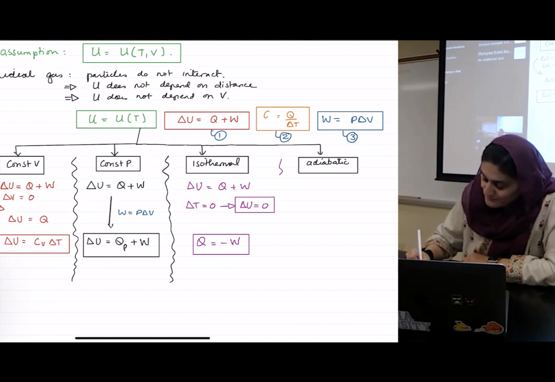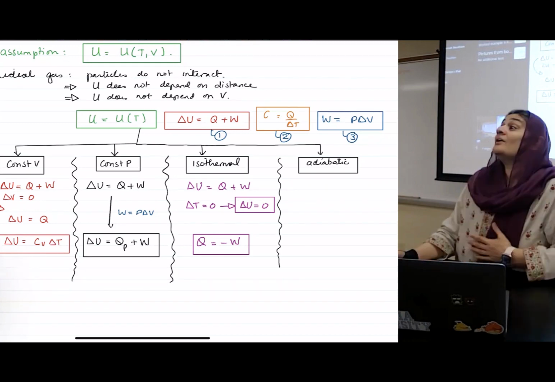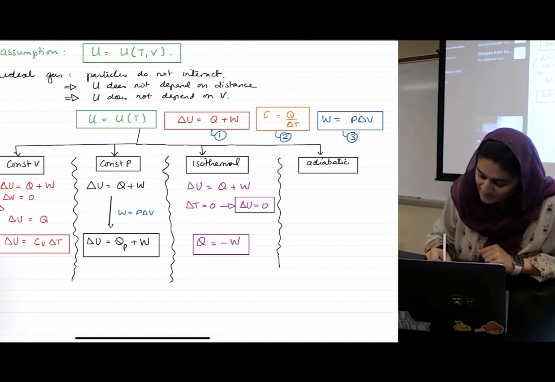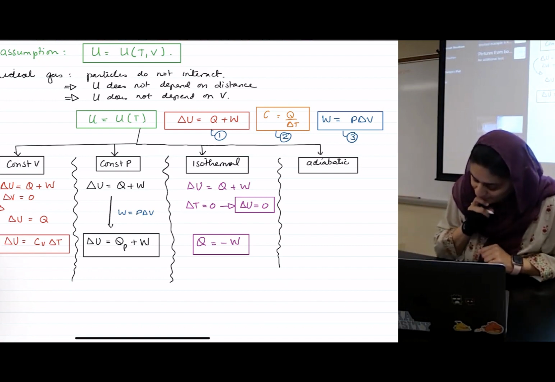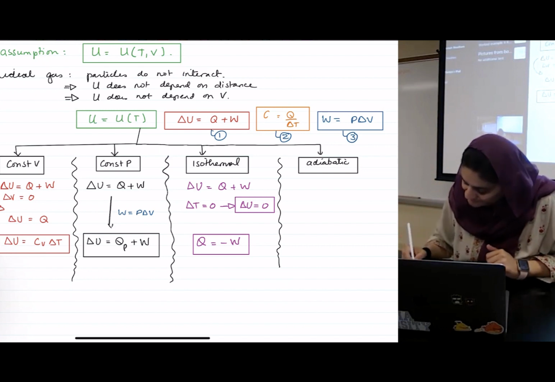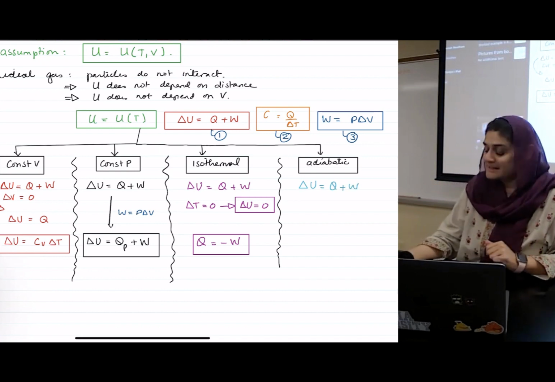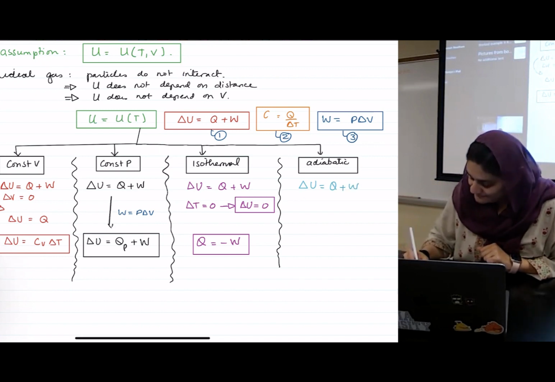Okay, next step. Adiabatic. Anyone remember what adiabatic was? No heat or mass transfer. Well, mass we're not worrying about now. Pick another color. Oh, blue. That is cyan. Okay, so adiabatic process, what will happen?